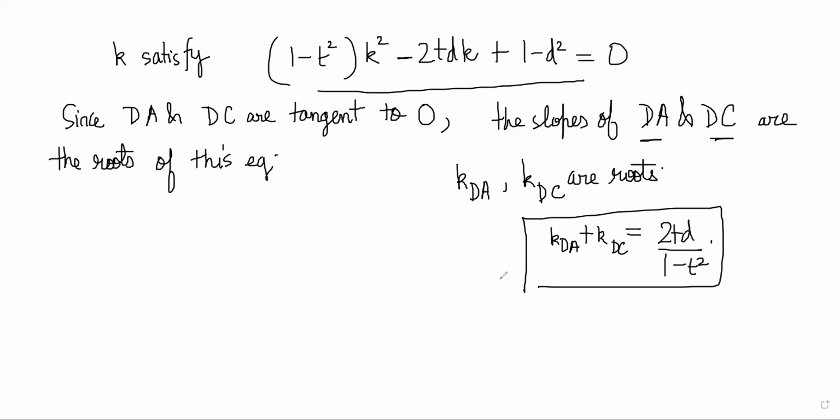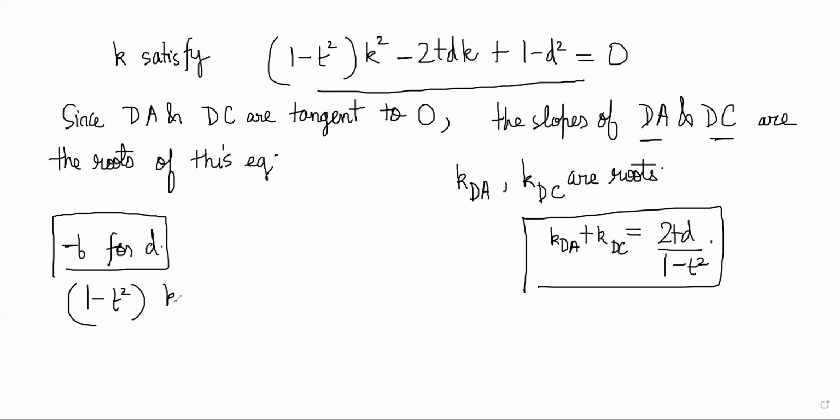And now we can make a similar quadratic for the other two sides also, BA and BC. Why? Because we can just substitute minus b for d in this, because the other two sides are similar. So we will get this quadratic for them: 1 minus t square k square plus 2tbk plus 1 minus b square is equal to 0. And the slopes of BA and BC are roots of this.